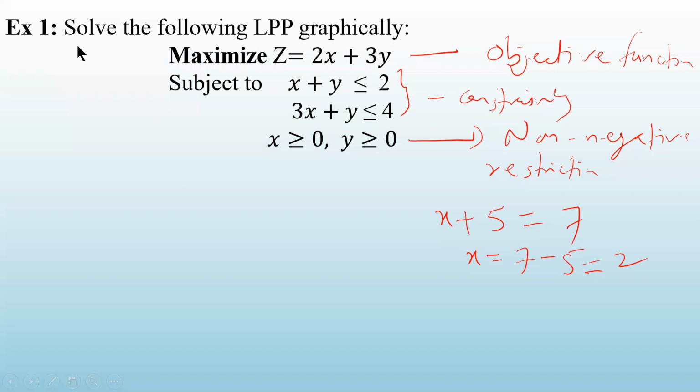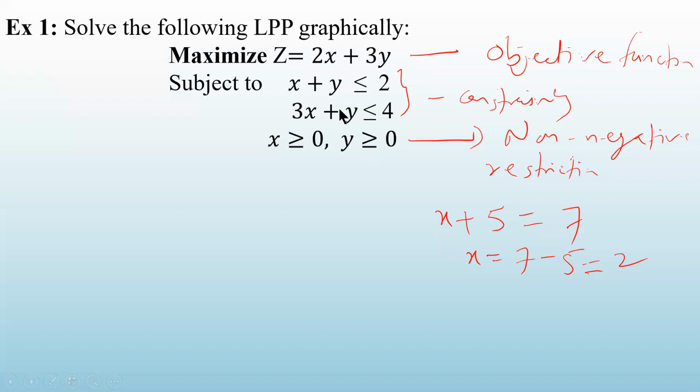Similarly, if I ask you to solve the linear programming problem, there are how many variables? 2 variables, x and y. So solving a linear programming problem means to find the values of x and y which will satisfy all the constraints, which means x should be greater than or equal to 0, y should be greater than or equal to 0, and when you put the values of x and y, you must get x plus y less than or equal to 2.